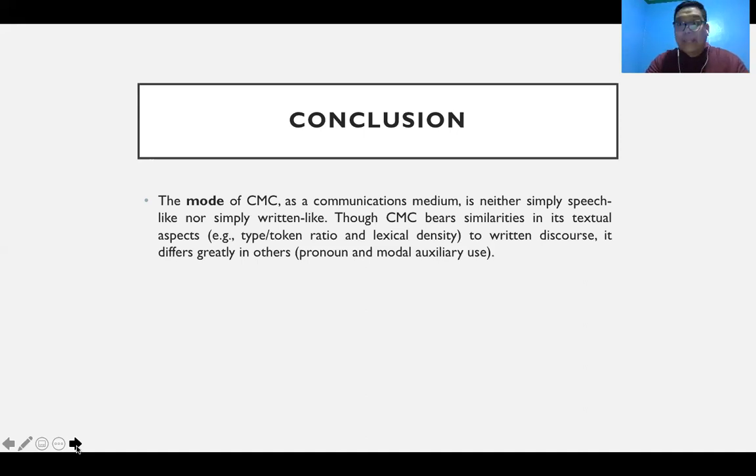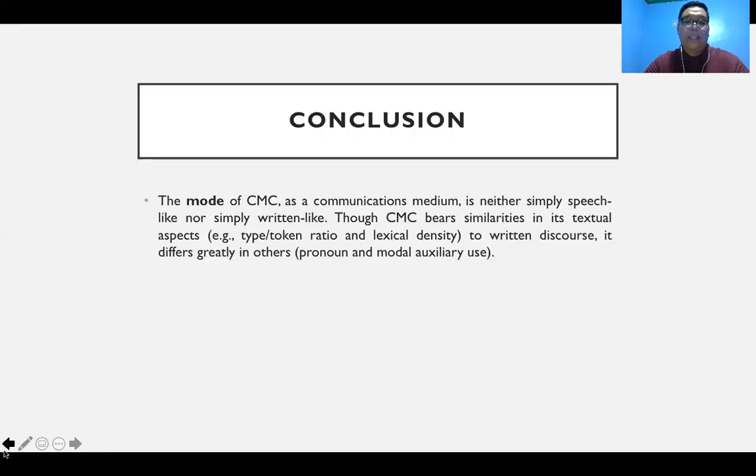Or when it's written on a different platform, not computer-mediated, then the use of pronouns could be totally different from when you use pronouns in a computer-mediated setting or in a virtual community. And as mentioned a while ago, modal auxiliary use may also be one factor to be looked at in terms of contrasting elements among these three types of discourses: written, spoken, and computer-mediated communication.